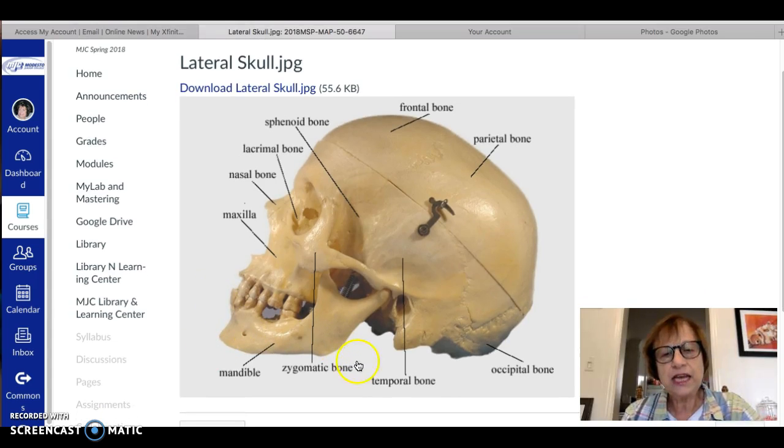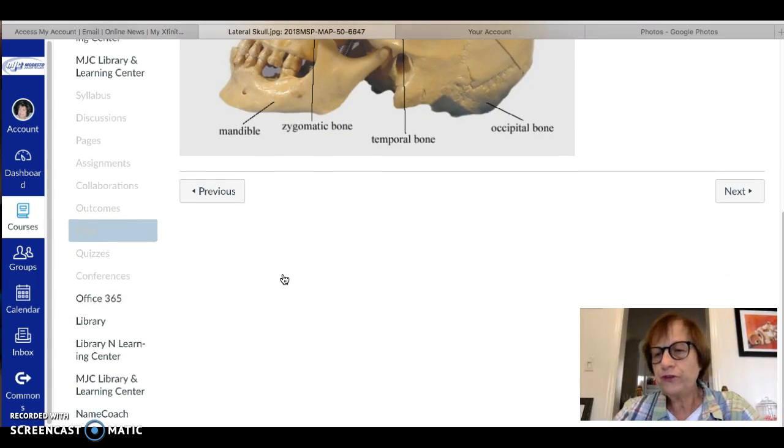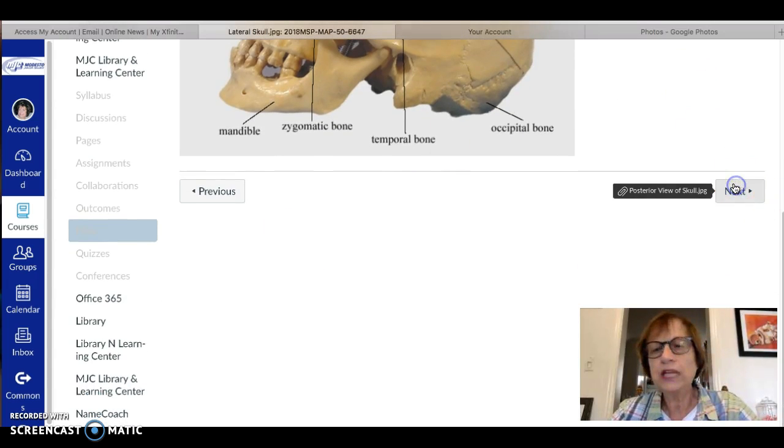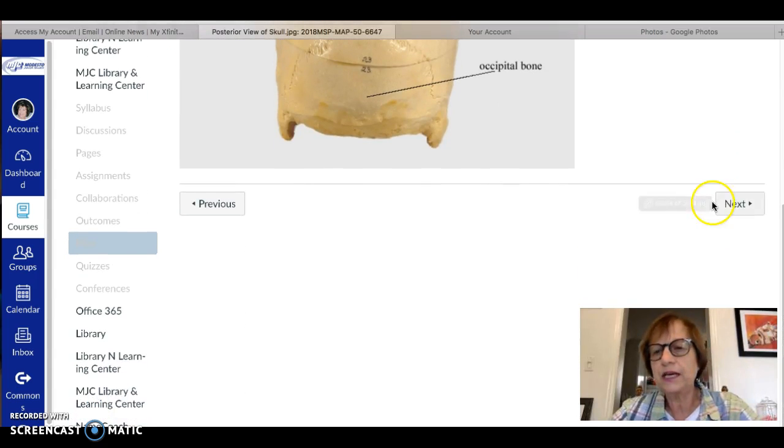So you've got a lot of different names of the bones, and you need to learn those. And so you're given pictures of actual bones to complete that. Further down, you will have individual bones of the skeleton.